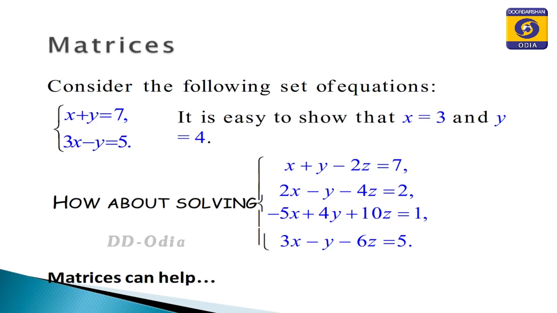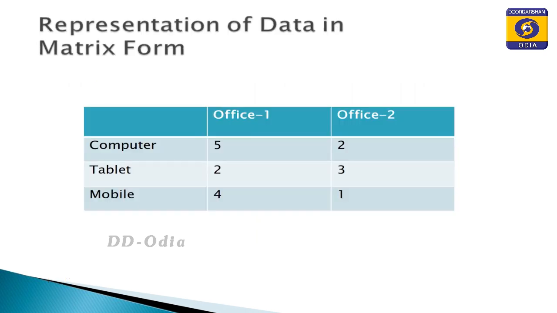But what about solving equations like x plus y minus 2z is equal to 7, 2x minus y minus 4z is equal to 2? Such a system can be very tedious to solve by the elimination method. In that case, matrices can help to solve these equations easily.